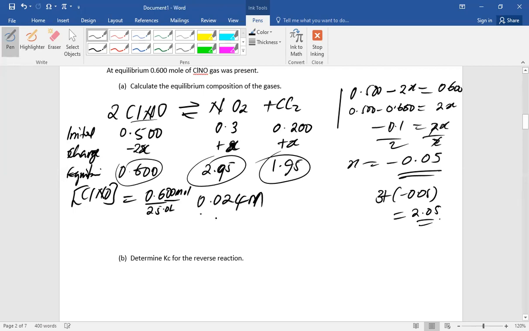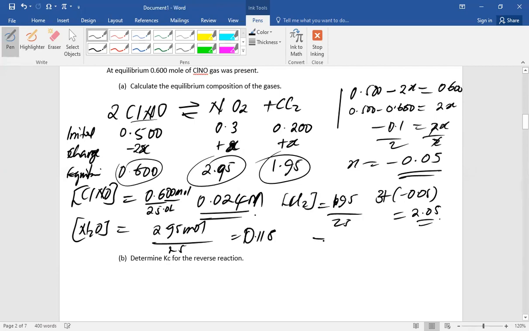And then the concentration of the N2O is 2.95 mole over 25, so 2.95 divided by 25, which is 0.118. And the last one is 1.95 over 25. This is 0.078. So those are the equilibrium composition of the gas.